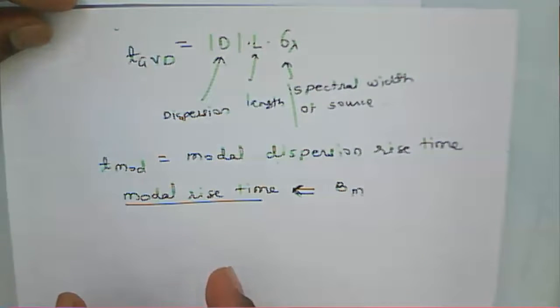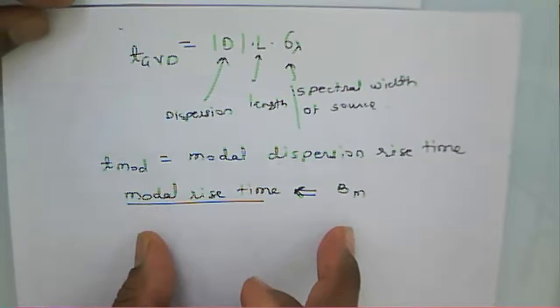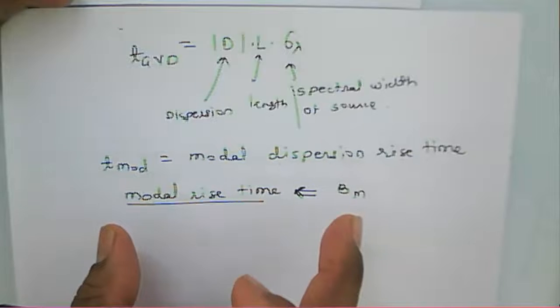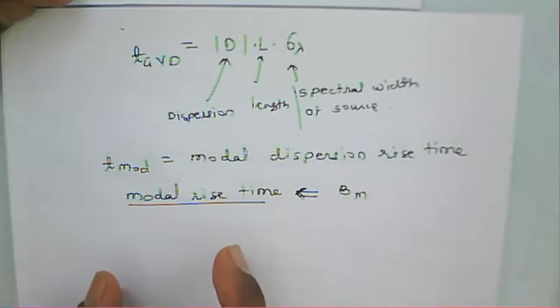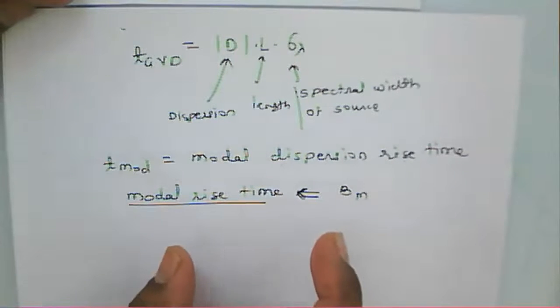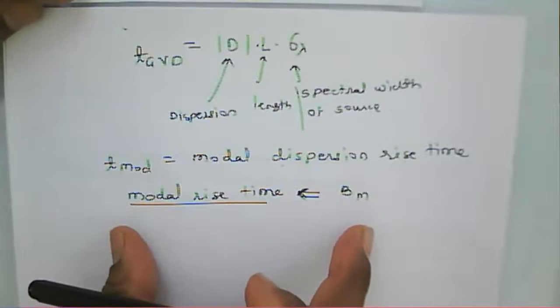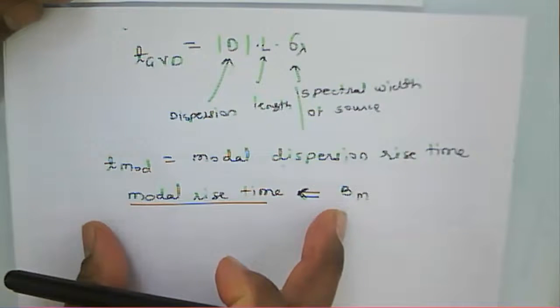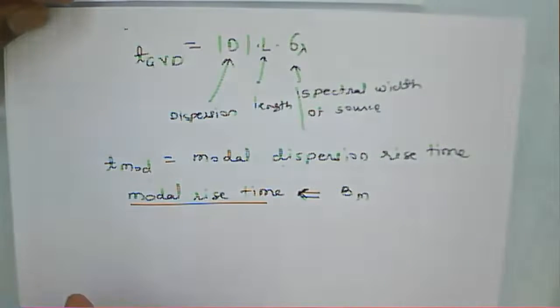So what fiber we are using and what the modal rise time is for that particular fiber, and based on that we can find out the bandwidth for this particular fiber.